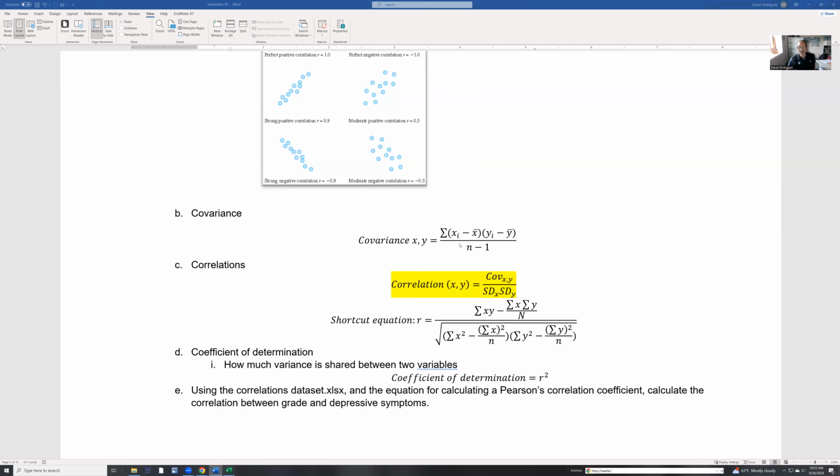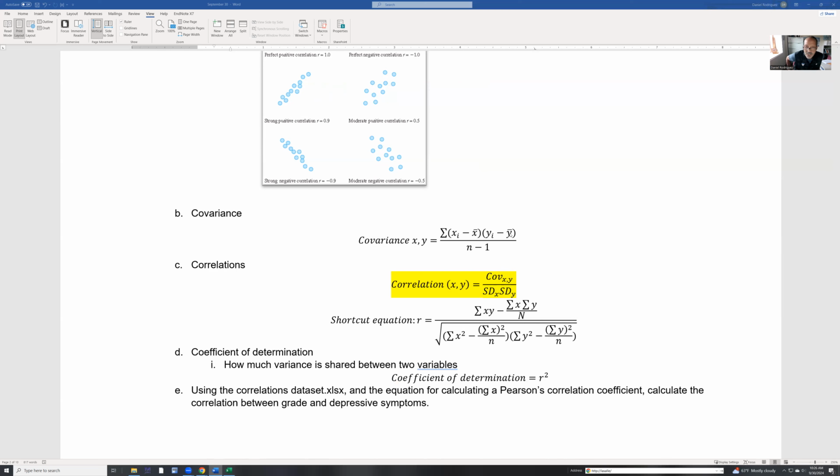So this is your covariance. If you look at this equation, it's just like the variance. Remember, the variance was the sum of x sub i minus the mean, squared, over n minus 1. The only difference here is that we're not squaring, we're multiplying two different variables, x and y. So if we let y equal x, we'd actually have the variance again. The variance would be x i minus mean times x i minus mean.